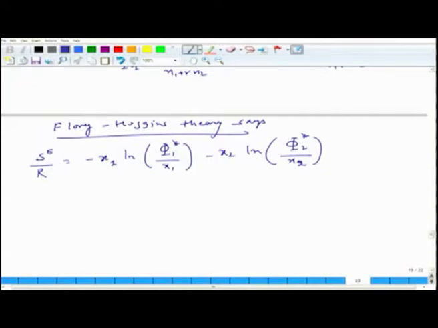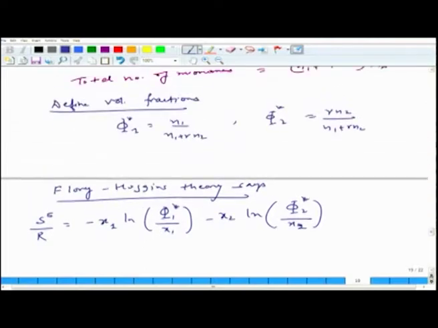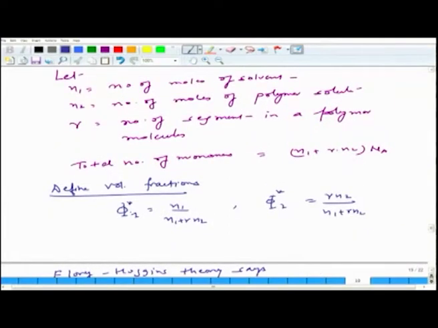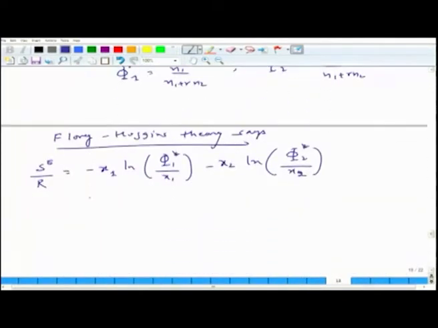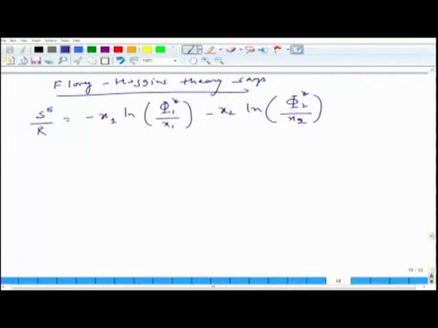Now, you can also rewrite this expression in terms of mole fraction, replacing x1 in terms of r. Since x1 is in terms of the moles, you can simplify this expression and bring in the r, which is the number of segments in the polymer solute.